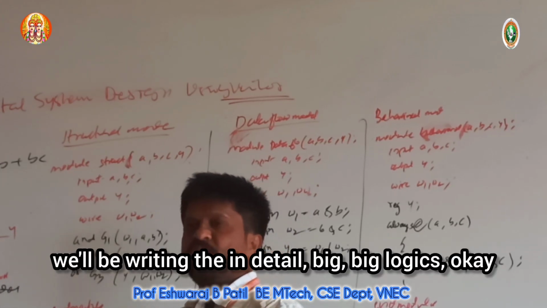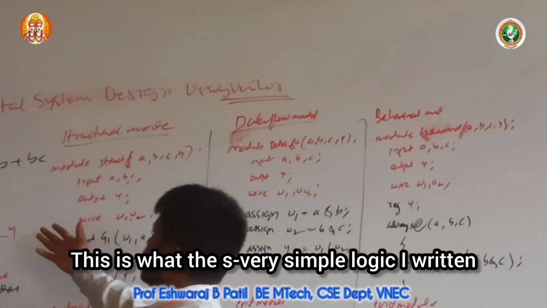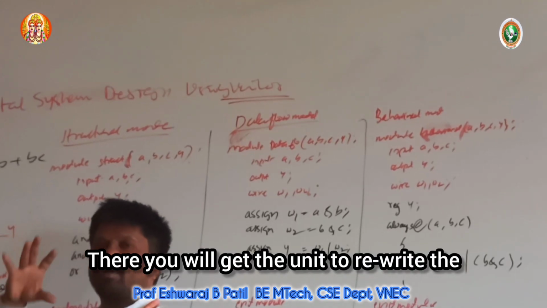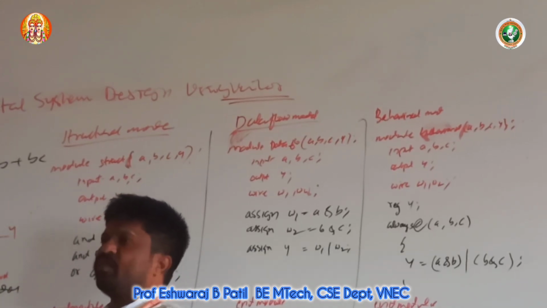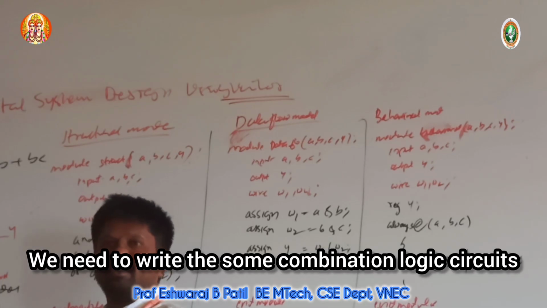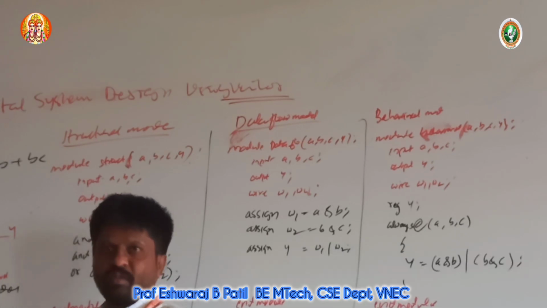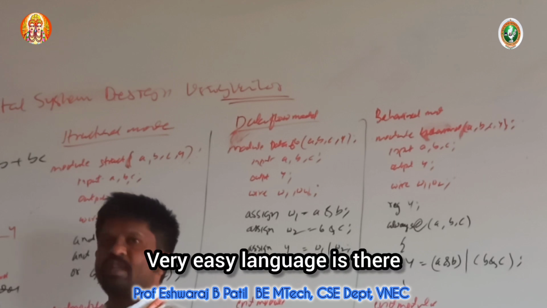The very simple logic I have written here is a Boolean function. Later you need to write programs for the half adder, full adder, combinational logic circuits, and even sequential logic circuits. There you have to write the programs for the third, fourth, and fifth models. It's a very easy language.